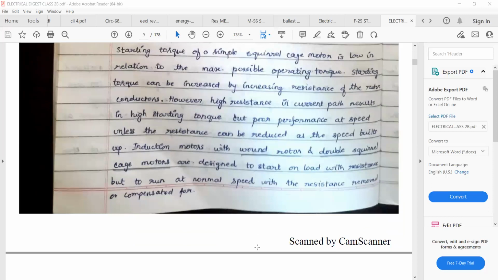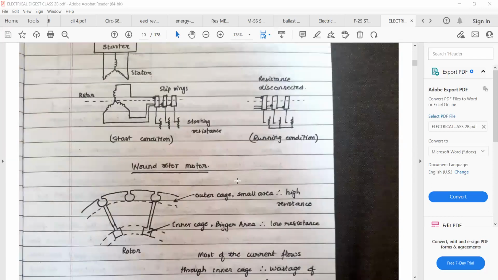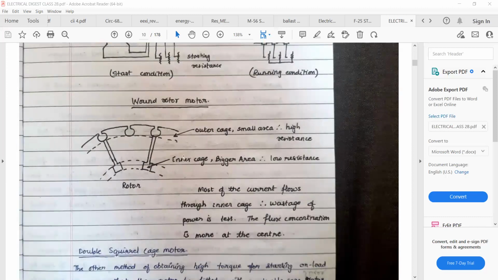So if you can add resistance like it was there in your wound motor, then you can eliminate the problem of low starting torque.